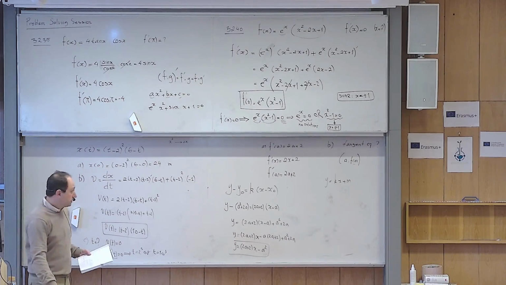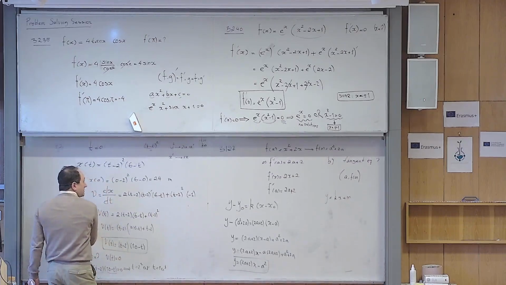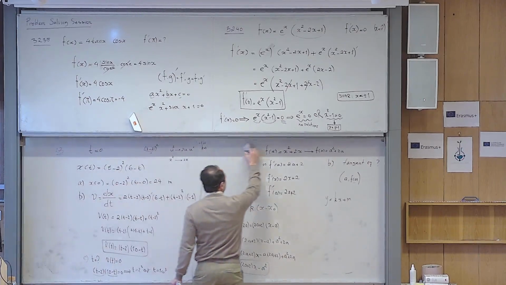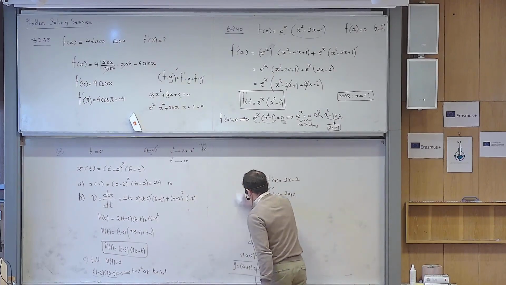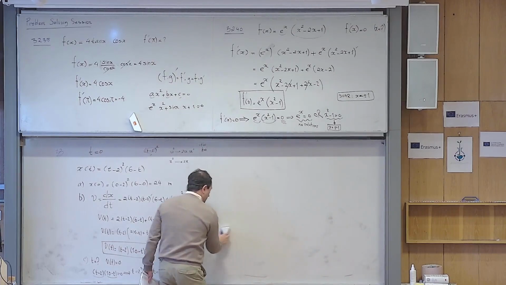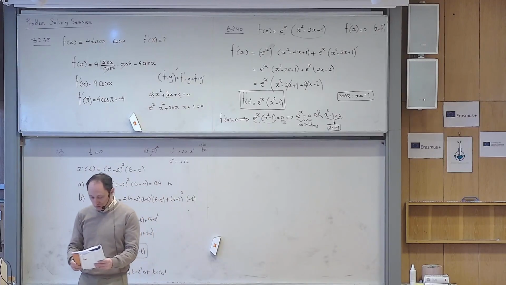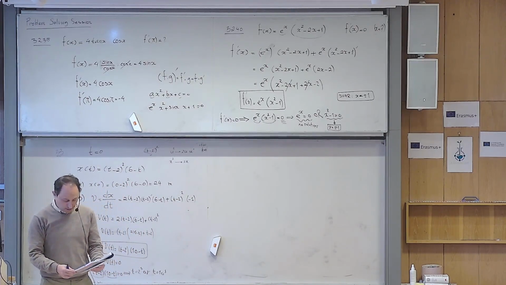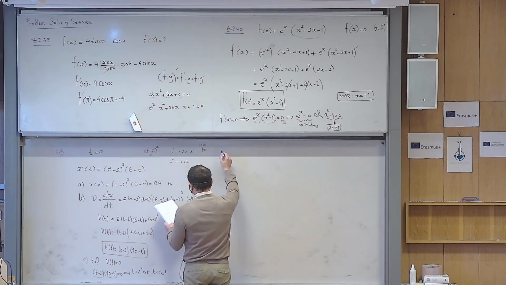Second question. So it means that we have to imagine a function with those properties. So we want to find a trigonometric function with the following properties. This is 2330.